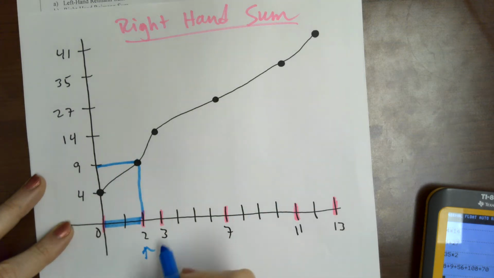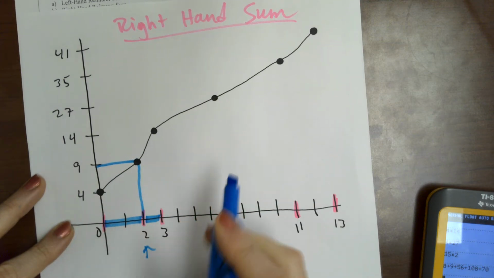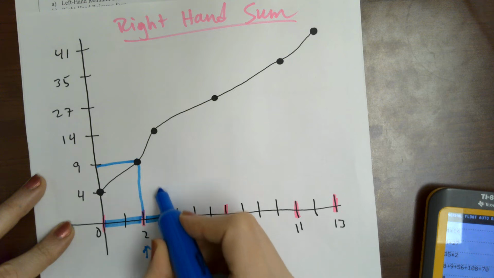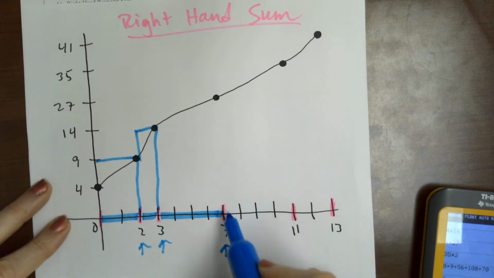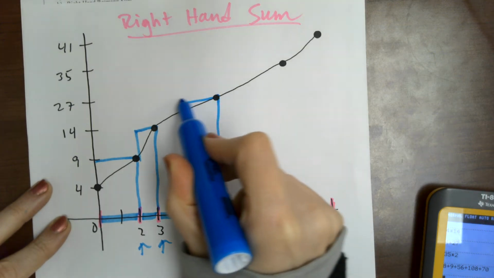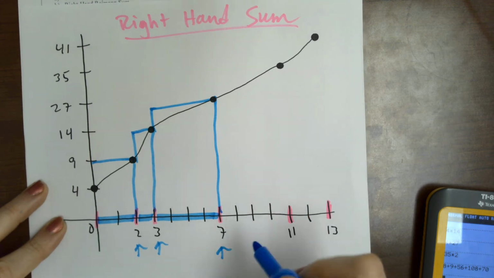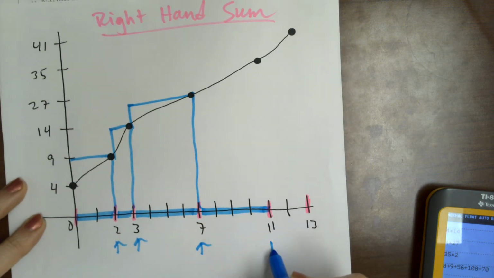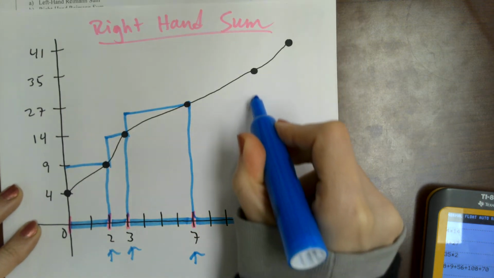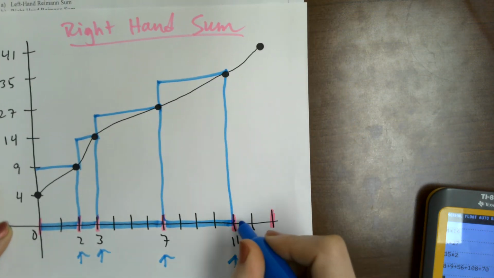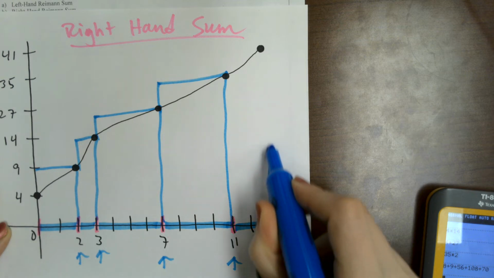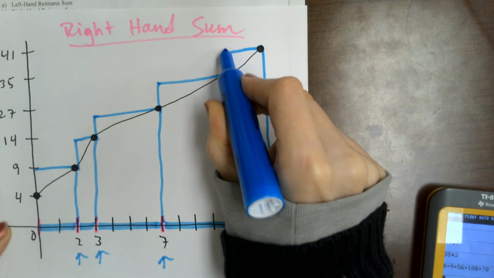Here is the next base, right end point up to the graph. This base, right end point up to the graph. This base, right end point up to the graph. Last base, right end point up to the graph.